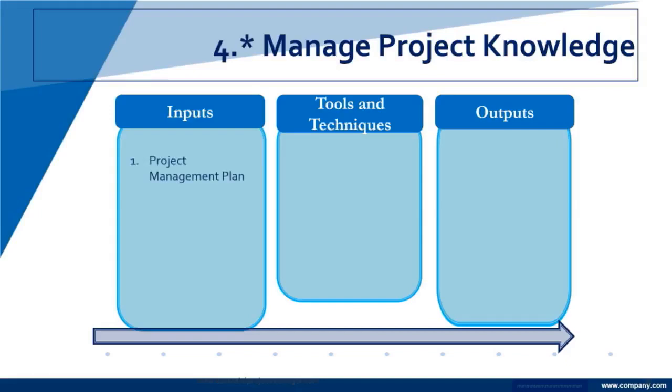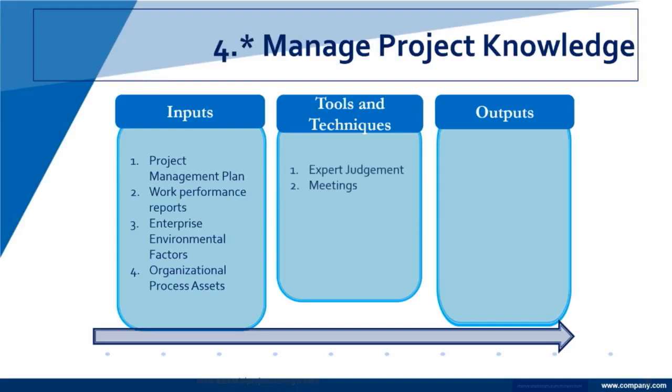What we can do is the inputs of the project management plan. Of course, we're going to be looking at that. We're going to be looking at work reports and enterprise environmental factors, organizational process assets are typical kind of inputs as we are looking at what the project is about, what the knowledge that we are taking from the project as well as what the project has taught us.